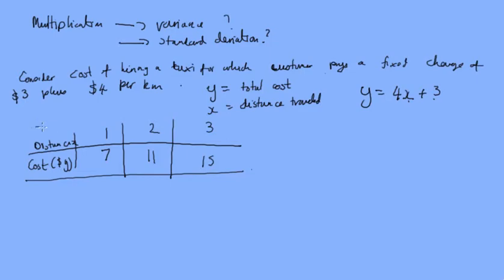So what does this show us? As the distance goes up plus 1, the cost goes up plus 4. 7 plus 4 is 11. 11 plus 4 is 15.